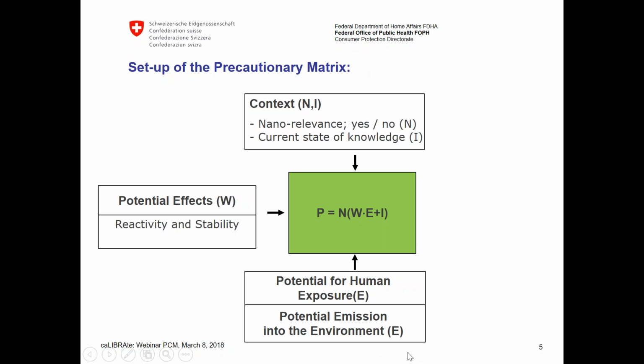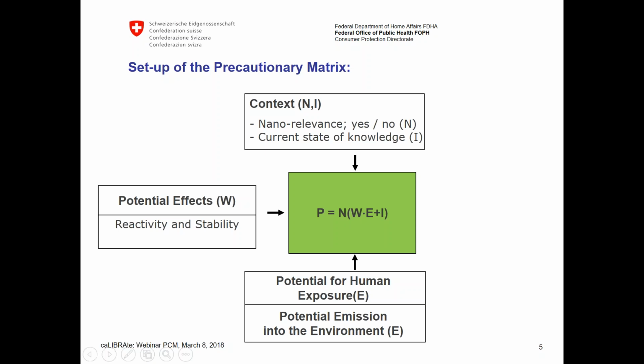In these 2 modules, scores are given for each of the parameters used. The highest score is 9, and this means that you have a higher reactivity or stability. The score 1 means that you have a low reactivity or stability.